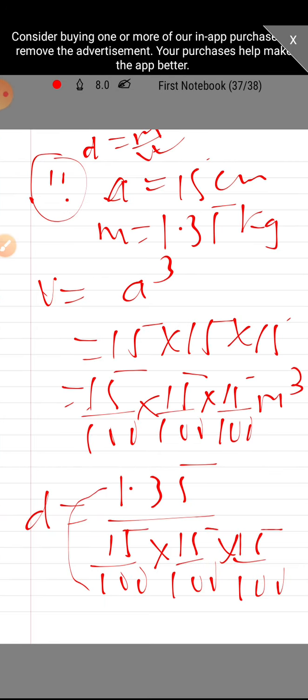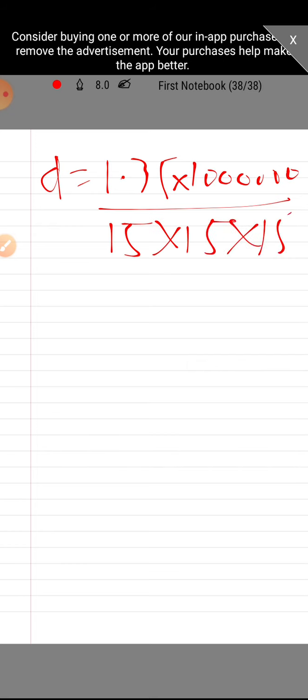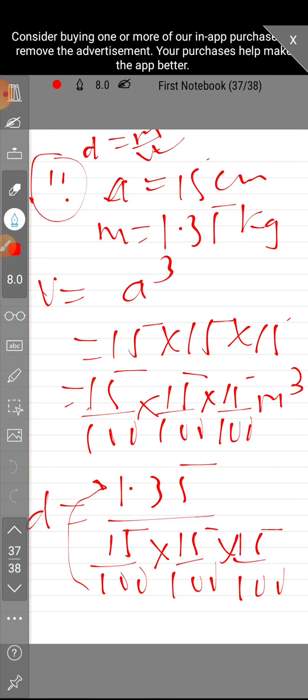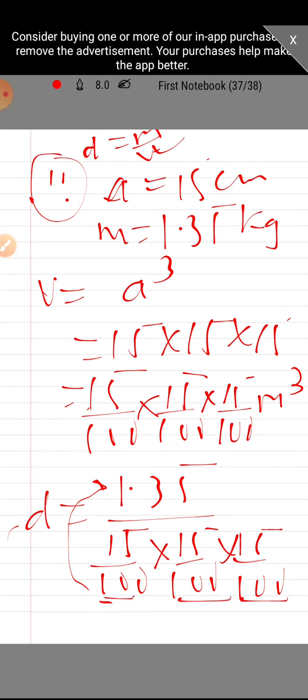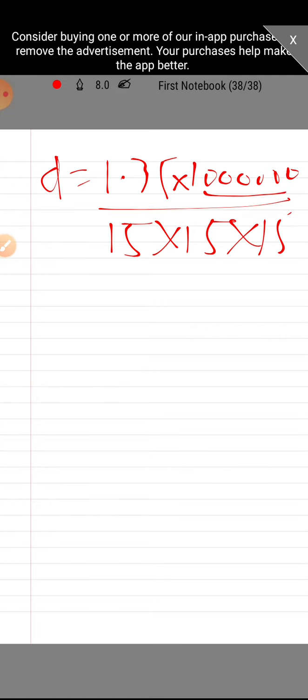So we have 100 multiplied 3 times, and divided by 15 into 15 into 15. Now you people might have a confusion about where sir wrote this 10 lakh from. So this 100, this 100 and this 100 will be multiplied and it will come in the numerator. When we multiply 100 three times, basically we get 10 lakh, which is written here. You can see on the next page, this is what we have written. So when we multiply 100 three times, this is your result.